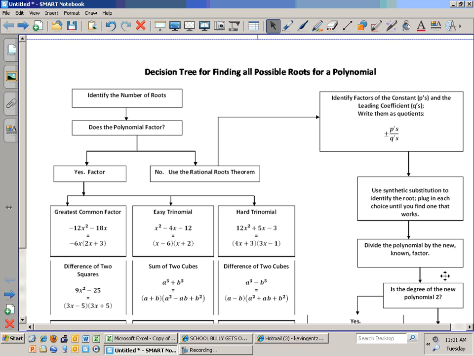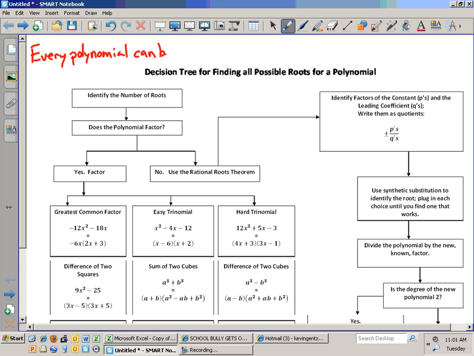You can write it at the top of this if you want. I suppose that would be fine. But write this down. Every polynomial can be written as that.